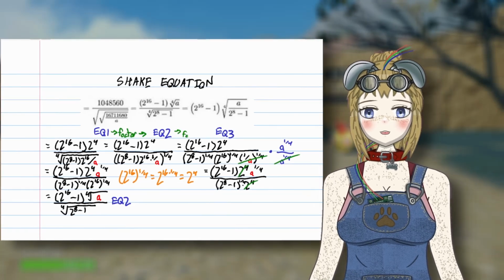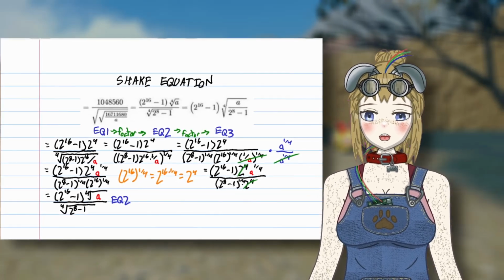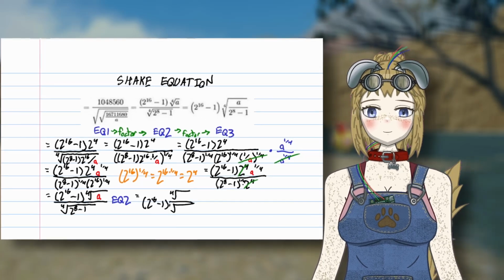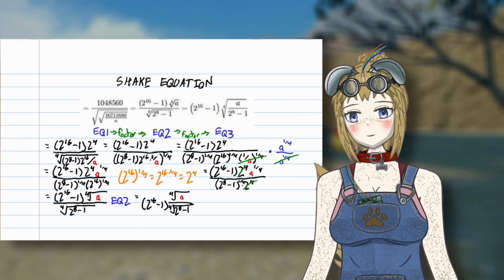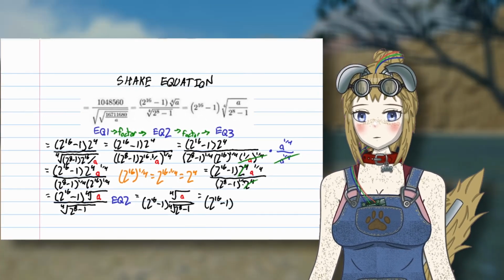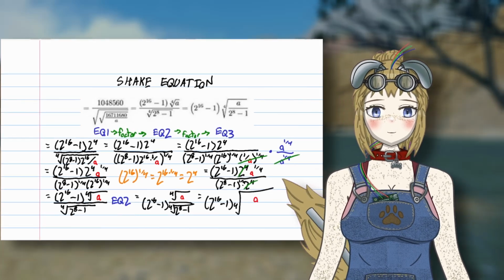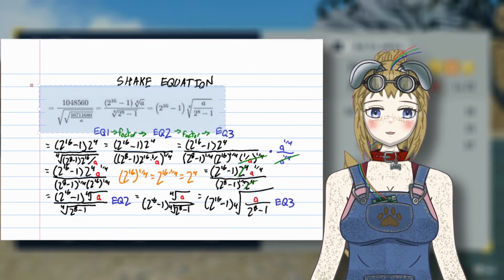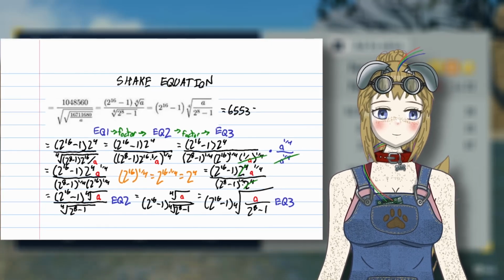Going from equations 2 to 3 is much easier. All we have to do is rewrite it so 2 to the power of 16 minus 1 is in front of our fraction, then use the power of a quotient rule to merge our numerator and denominator under the same root, and we're done. I'm going to rewrite this a bit so you can see the significance of these numbers.